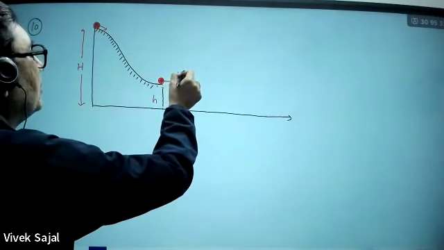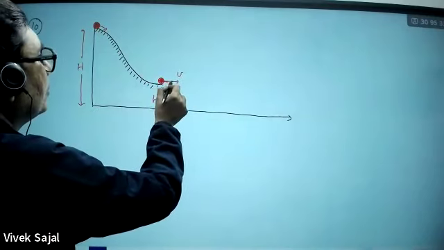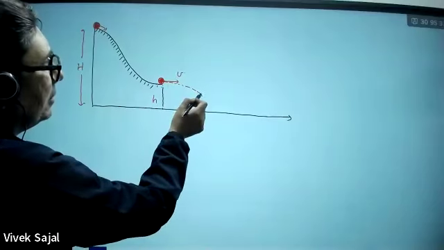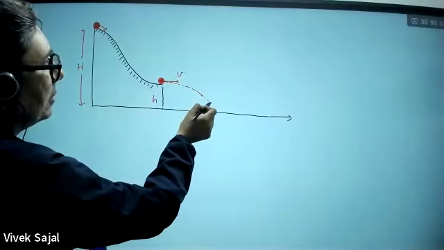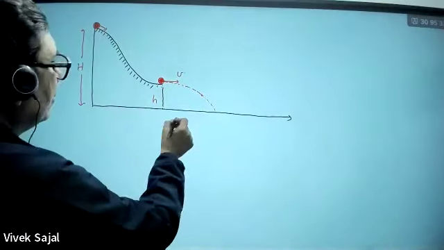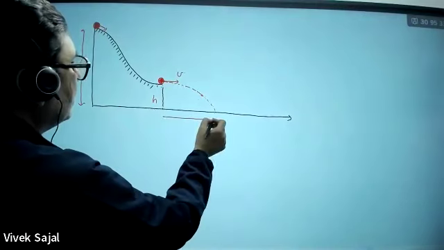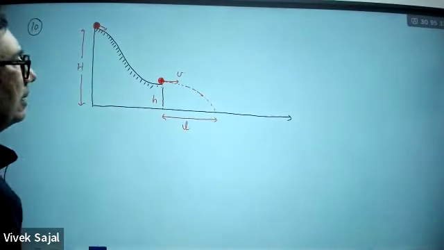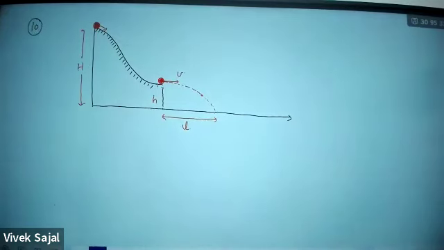I'm saying this is V. Due to this horizontal motion, this disk is moving under the influence of gravity, so this will be projectile motion. From here to here, this distance is L. So you have to find the maximum value of L, the horizontal range.